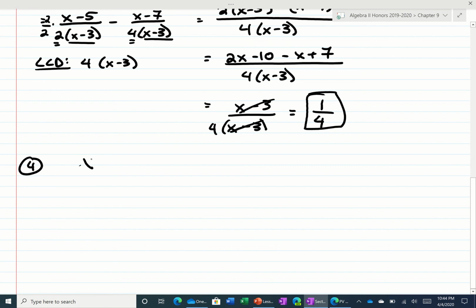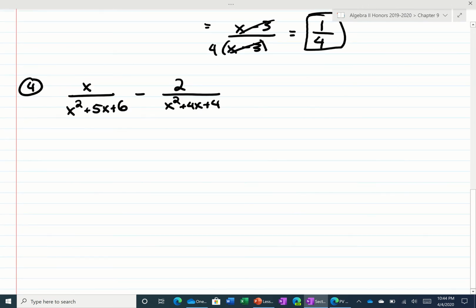Number 4, it says x over x squared plus 5x plus 6 minus 2 over x squared plus 4x plus 4. So we definitely have to factor out the denominators.